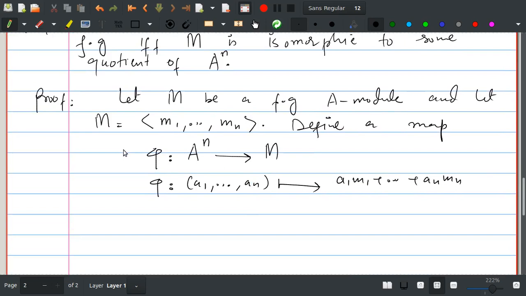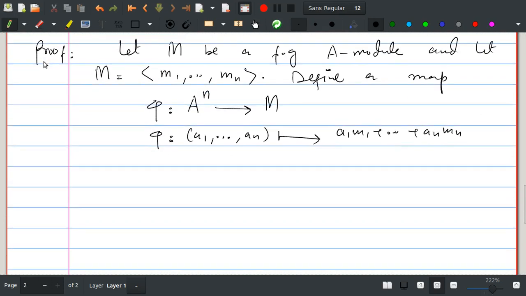If this M is a vector space over A, where A is some field, then this n-tuple is called the coordinate vector of this element in the vector space. So it is the analogous version of that result in linear algebra.